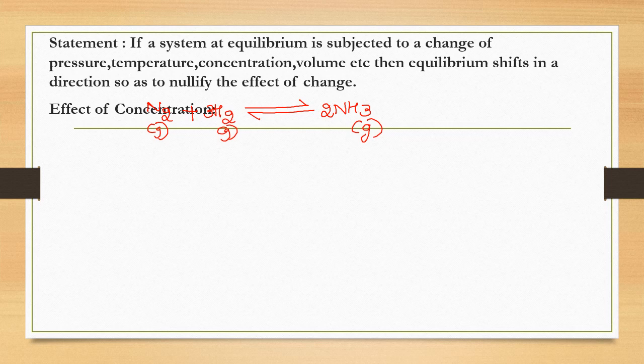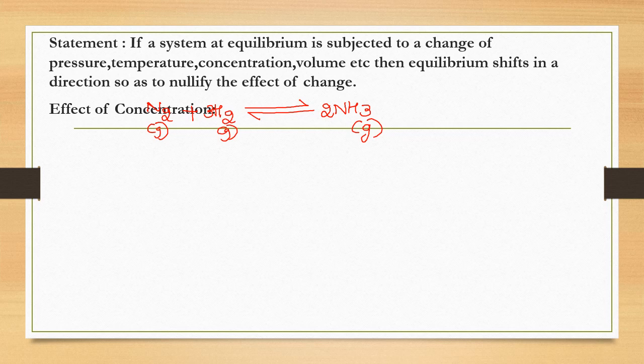Suppose to this system, the reaction which is already at equilibrium, you are going to change the conditions, such as increasing the pressure, or decreasing the pressure, or increasing the concentration of the reactants or the products, or changing the volume.